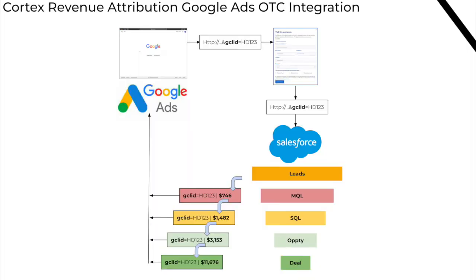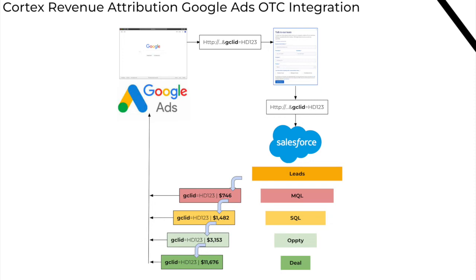Here's what we want to do: we want to capture that Google Click ID, which is a click for a moment in time on a specific individual on a specific ad in Google. We capture that into Salesforce.